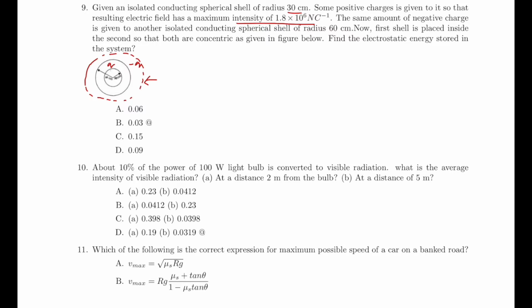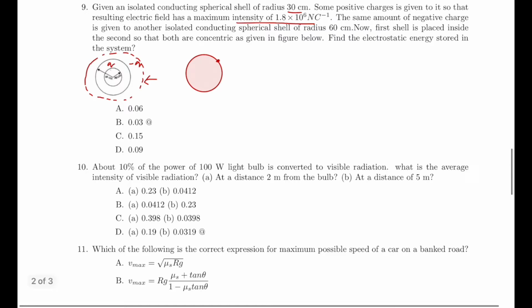And the second thing is that, as we know, for a sphere the maximum electric field occurs at the boundary, at the radius, and then the electric field falls off. So E at a distance r, which is greater than the radius, is basically E max divided by r squared.